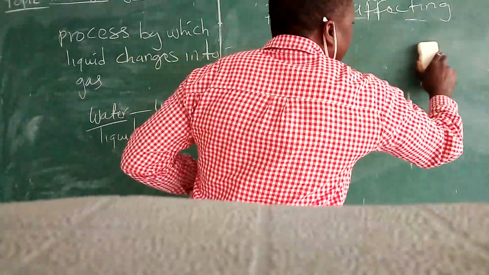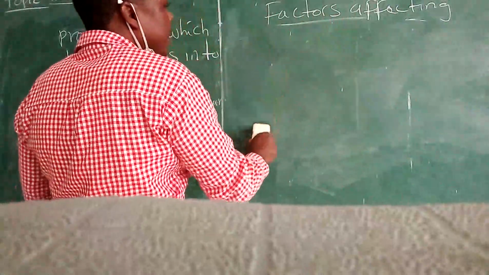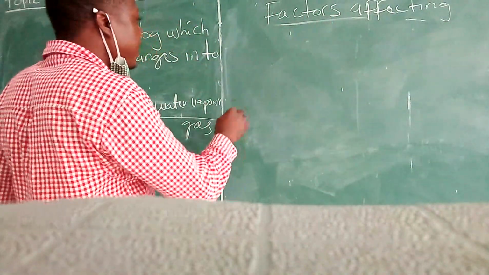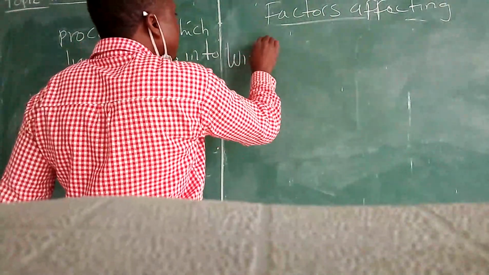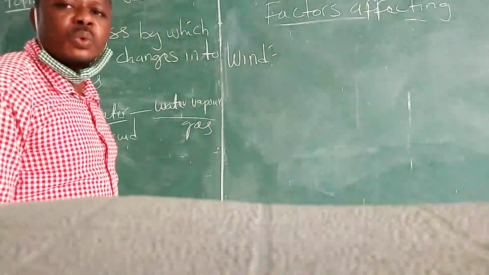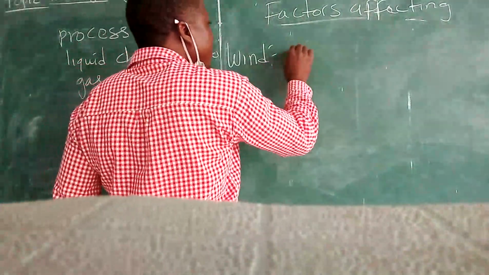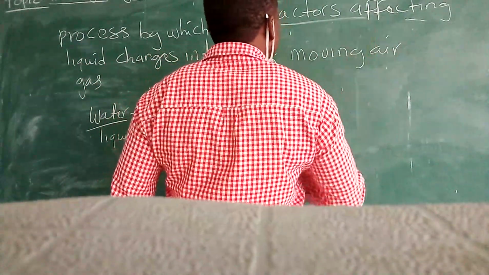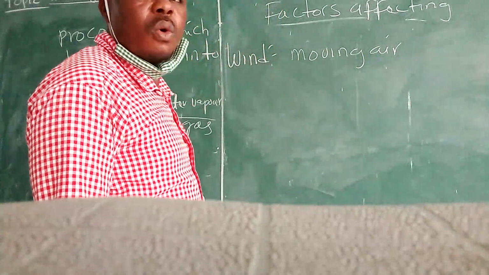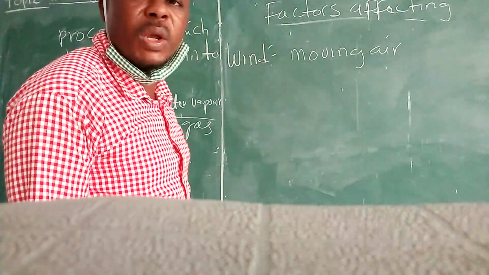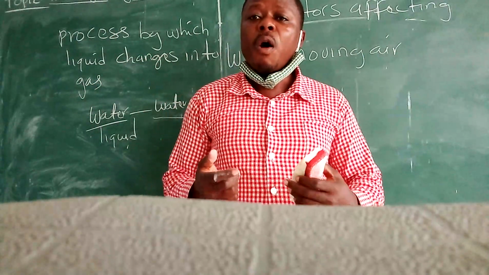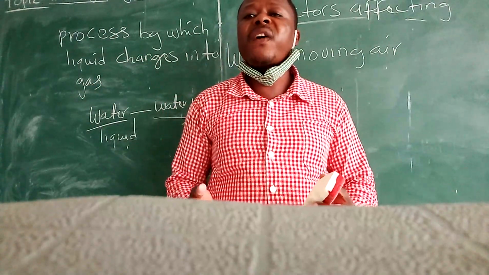Let us look at the last factor affecting evaporation, and this is wind. What is wind? Wind is moving air. On windy days we have much moving air, and evaporation is faster.